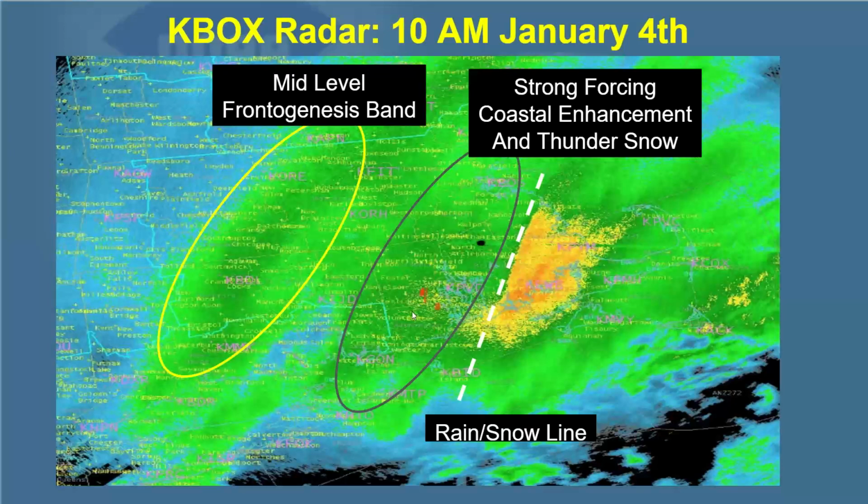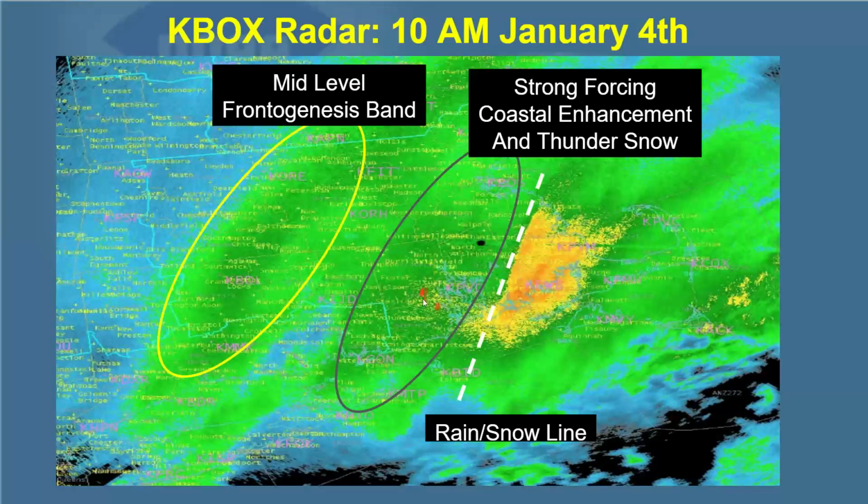The coastal enhancement comes in the form of being closer to the source of the moisture, and your dendritic growth zone doesn't have to be at -10 to -18 Celsius. It can be as warm as -6 because of the abundance of salt nuclei.